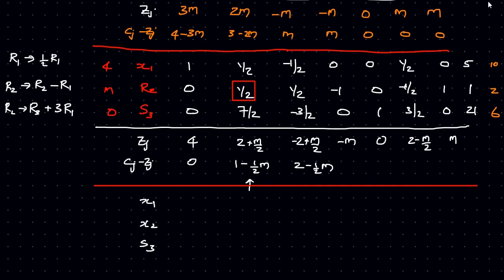For x1 the coefficient was 4, x2 3, and s3 0, and now we have to make this 1 by 2 as 1. So what we need to do is treat row number 2. Row number 2 should change to 2 times row number 2. That way we get a 1 over there.